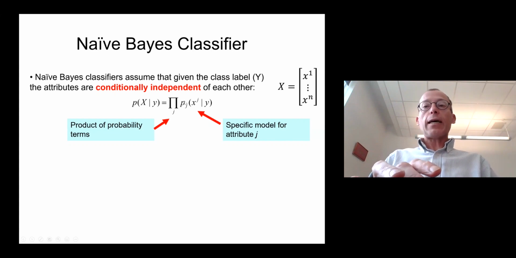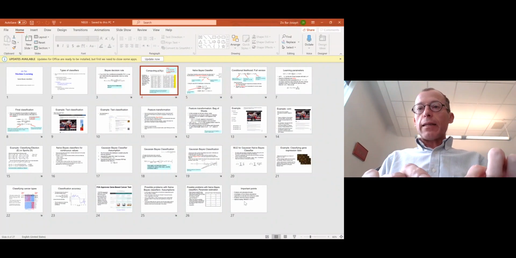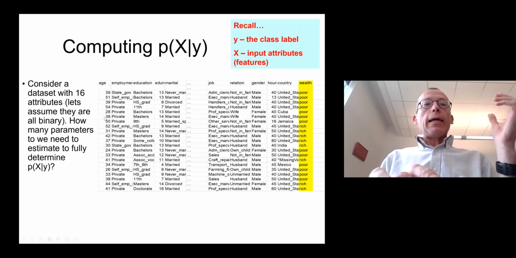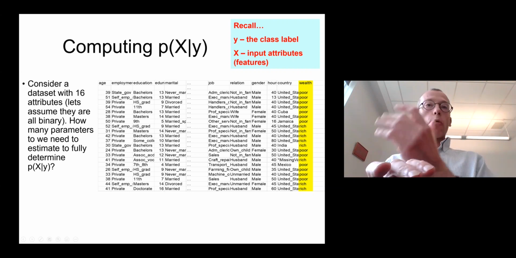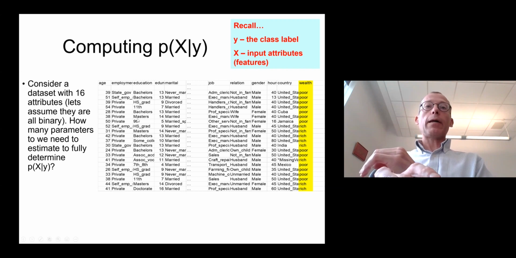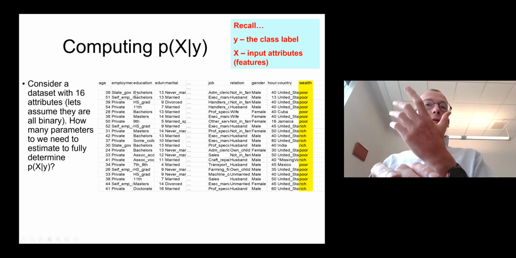In practice, as we said, these things are not independent, right? If you look at this table, for example, if someone is 15, then it's very unlikely that they will have a bachelor degree, regardless of whether they're rich or poor, right? Or they will be a master student. So these entries here are very dependent, right?